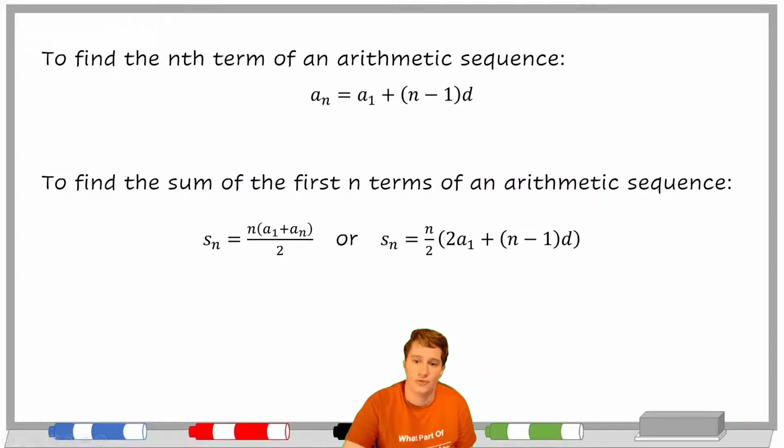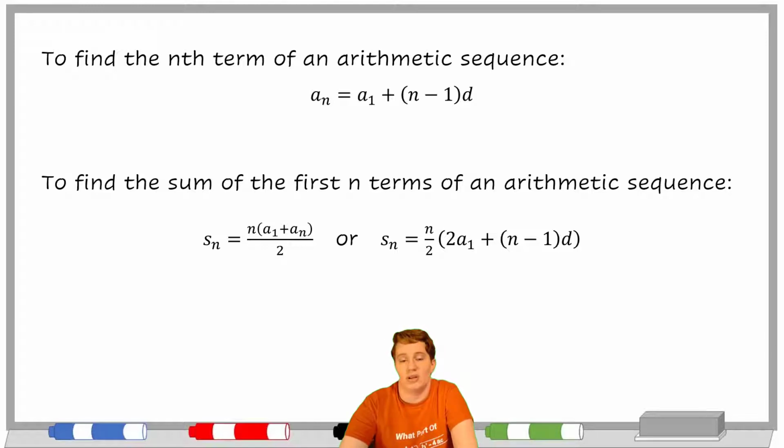There are some formulas that we can use with arithmetic sequences and series, and that's one of the reasons that we like arithmetic sequences and series, aside from the fact that they actually come up a lot, because an arithmetic sequence, where we're adding the same thing each time, is essentially a linear relationship. And there's lots of things in life that are linear relationships, even if we don't necessarily notice them at the time.